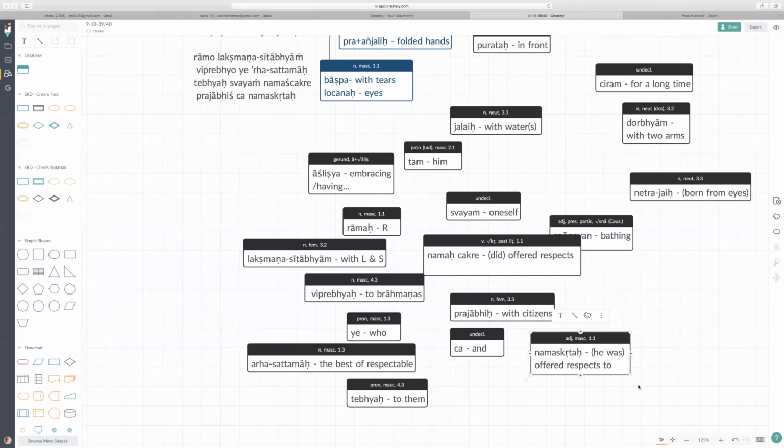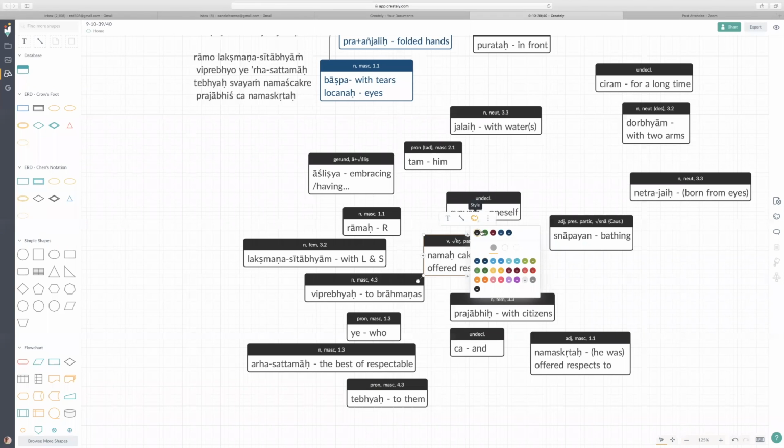Next, let's tie it all together. Okay, proper verbs we need. Namaschakre, yeah? Namaste. Actually, the verb is chakre. Namaha is an undeclinable word.